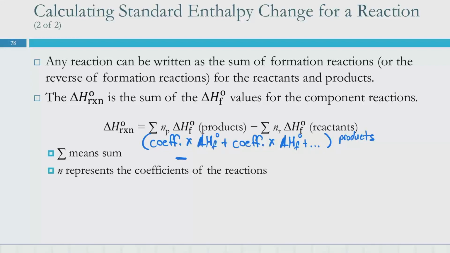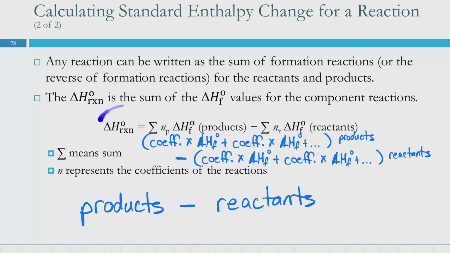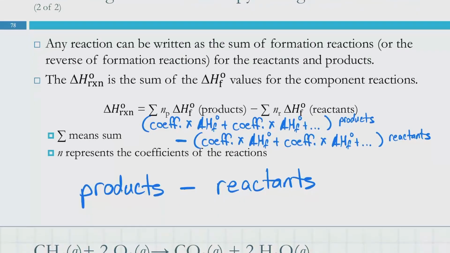And then subtract from that the same thing, but for reactants. Products minus reactants for our delta H values. And if we do this, we'll get the delta H, the standard delta H for the reaction, the standard heat of the reaction.